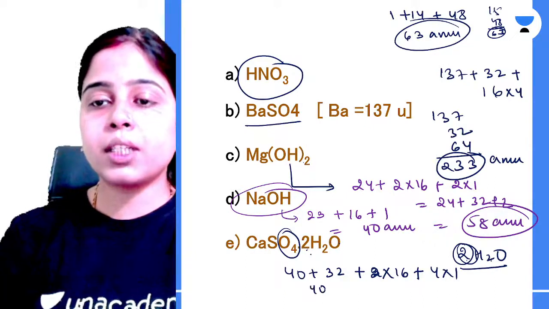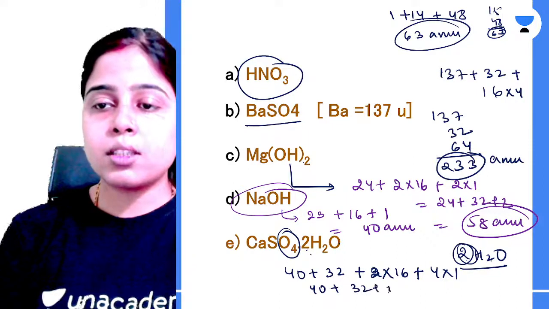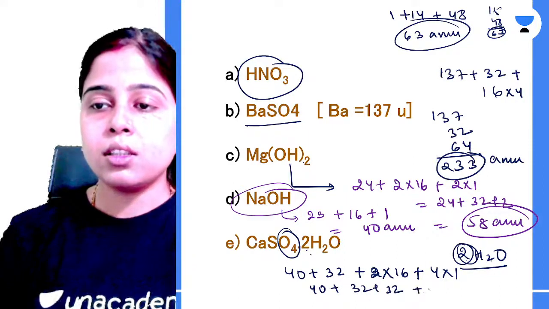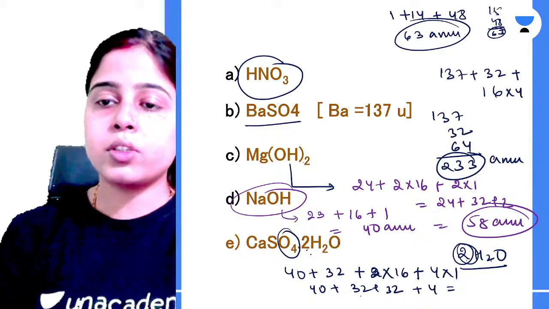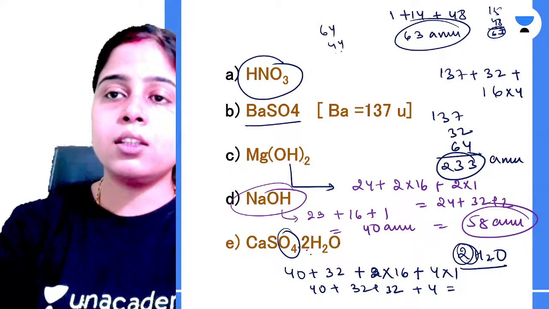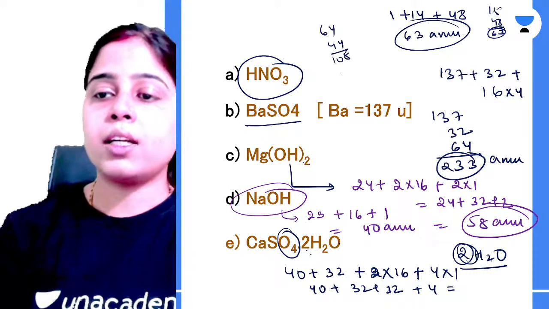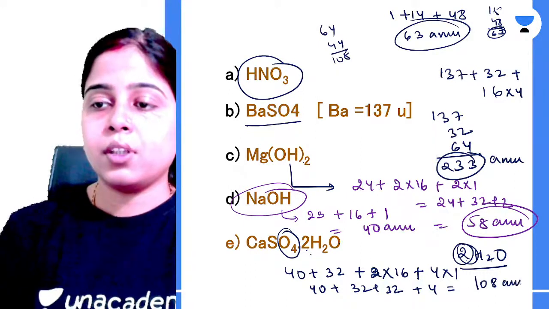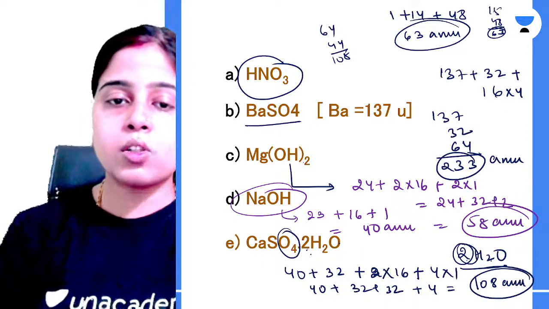You get 40 plus 32 plus 32 plus 4. So 32, 32, 64. 64 plus 44. How much are you getting? 108 AMU. Or you could find it out like this also.